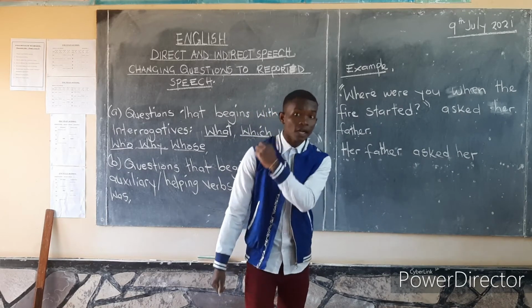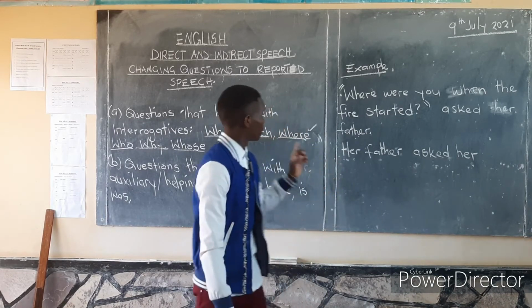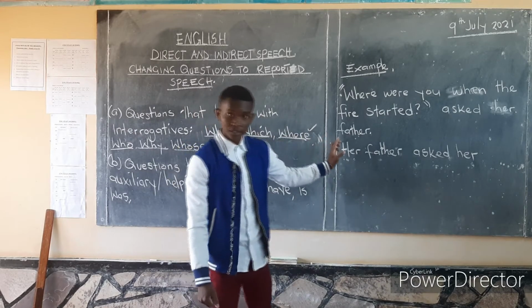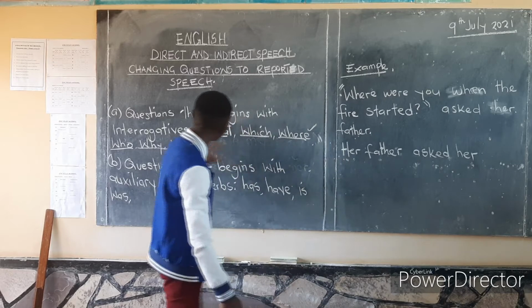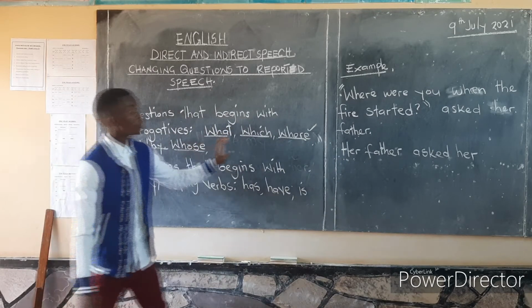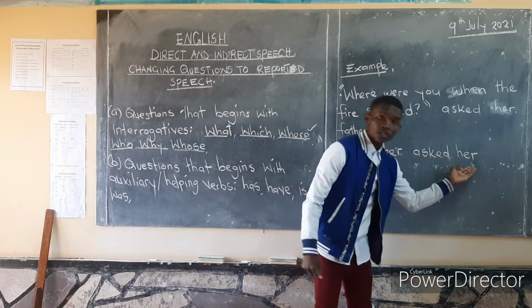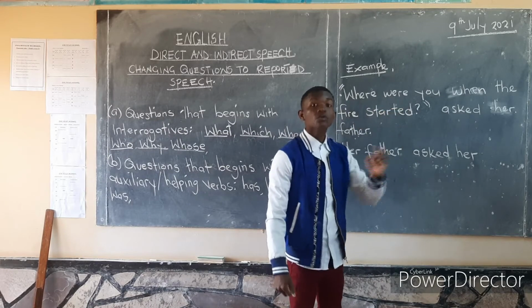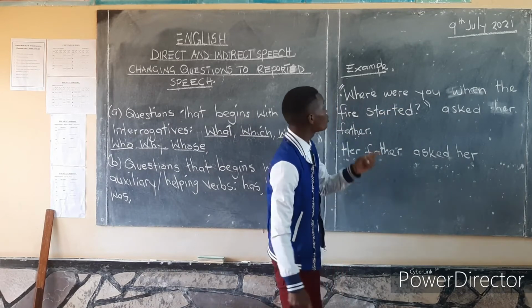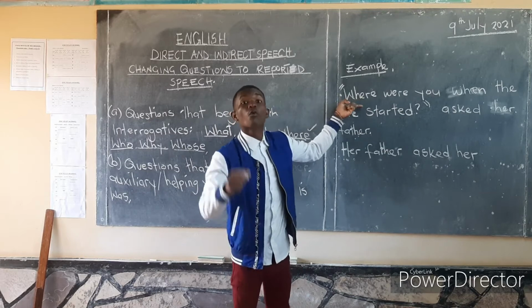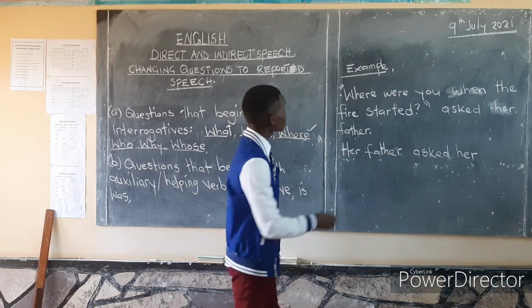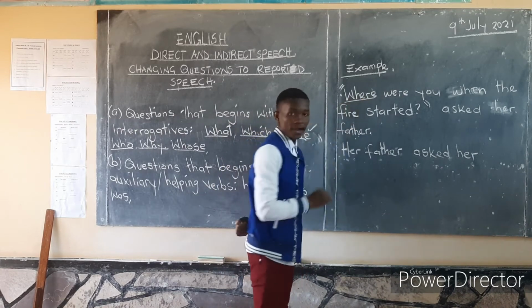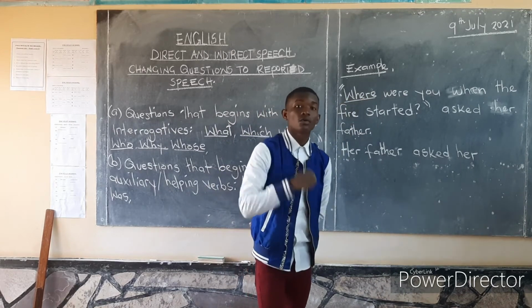Remember, we use that when we are changing statements, but this is a question. Therefore, when we are changing a question that has an interrogative word, we do not introduce the spoken words using that. Instead, we use the interrogative word that is in the sentence.